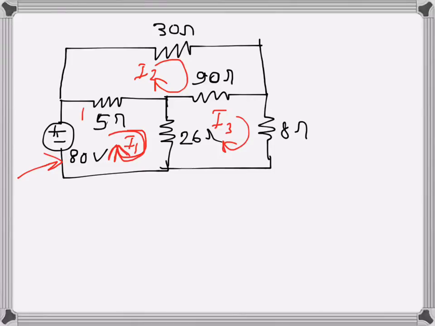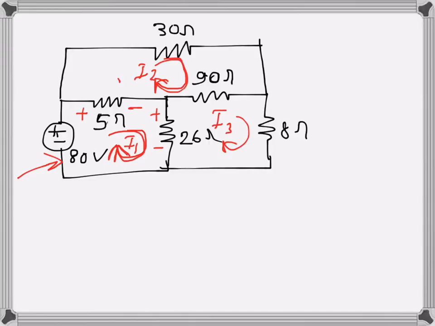The current goes in this direction here, and in this resistance it goes in this direction, so the drops are plus or minus accordingly, in the direction of the current. But the real current through the 5 ohm resistance will be I1 minus I2, because there is another current from this mesh, I2. Since this current is going in this direction, it is in opposition to I1. That's understandable, I guess.